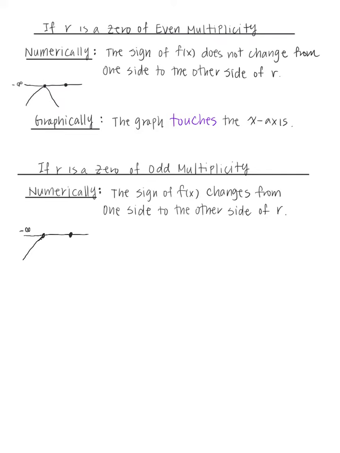Now from this zero to the next zero, it's going to have to go above the x-axis so that the sign of f of x changes, right? So this portion is where f of x is negative, and then above it f of x is positive. That's what that means. Now let's go with graphically. Graphically, it means that the graph must cross the x-axis. Isn't it neat? I really enjoy this.